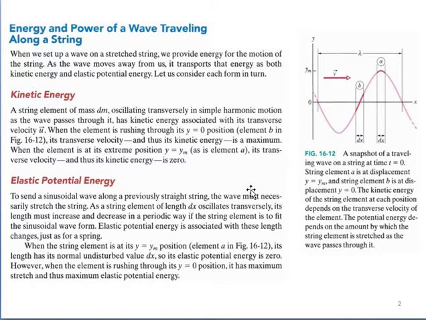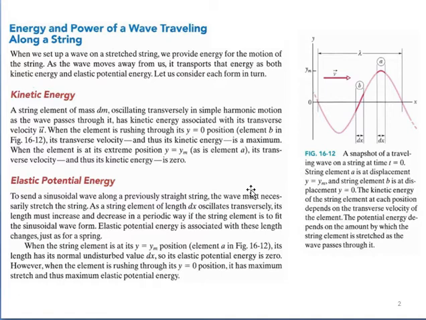Now we come to the elastic potential energy. As we know, when a wave passes through a stretched string, the string would have some tension, and due to the tension, some portions of the string are stretched more than other portions.